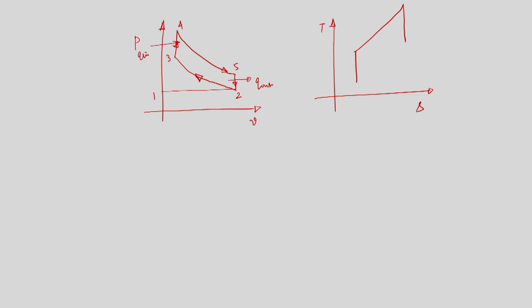Then again it is an isentropic expansion, and then we will have constant pressure heat rejection, so temperature will drop. So, this is 2, 3, 4, 5 in the TS plane, and this is the PV plane.